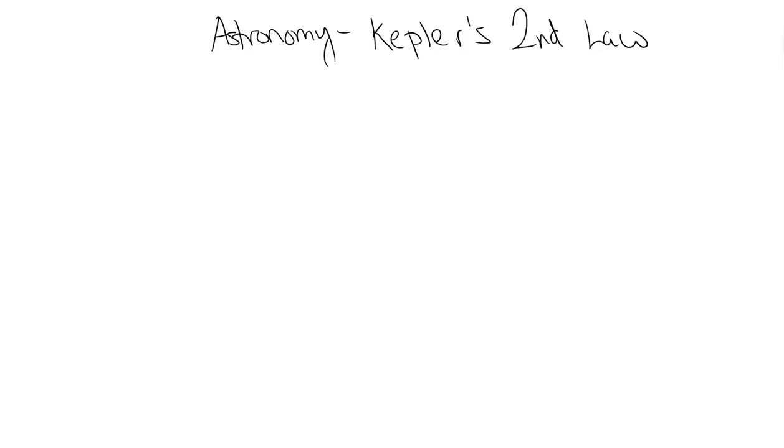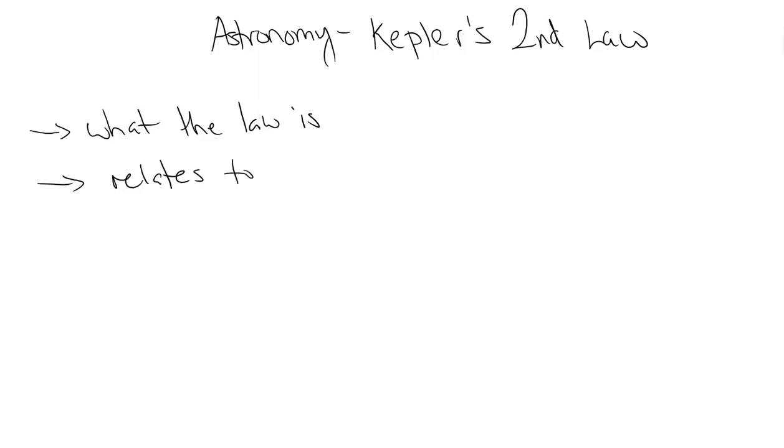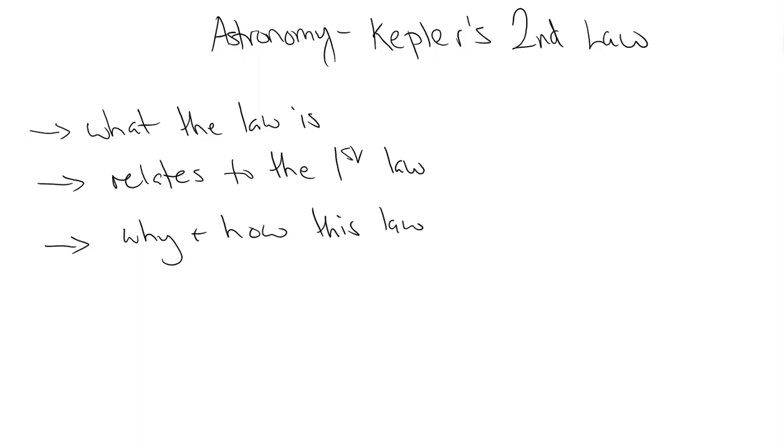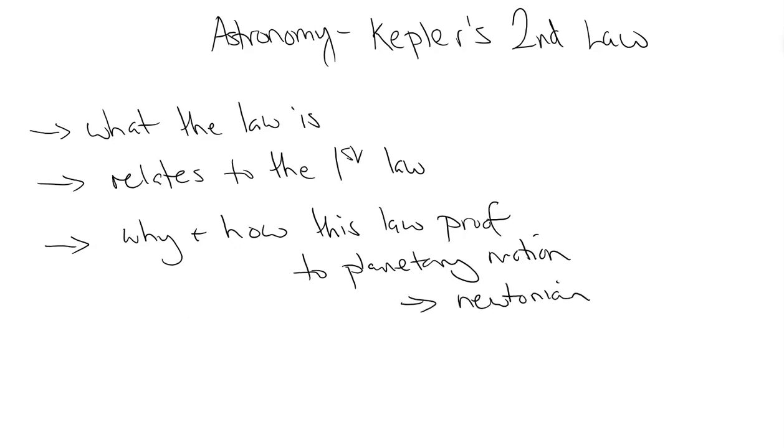We're looking at Kepler's second law of planetary motion. This video is going to cover what the law is, how it relates to the first law, why and how this law gives proof to planetary motion, and leads to Newtonian physics, which should happen a few years in the future from this.